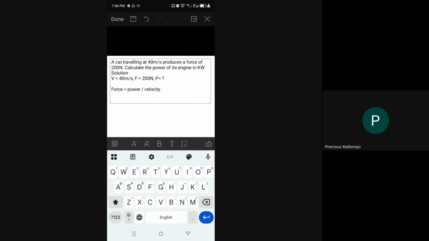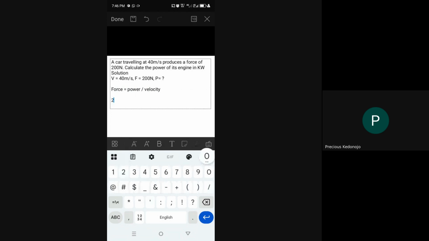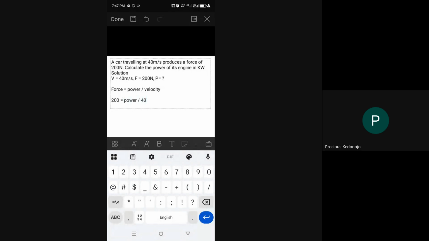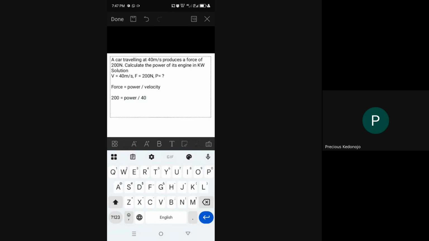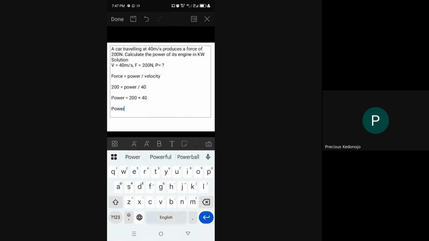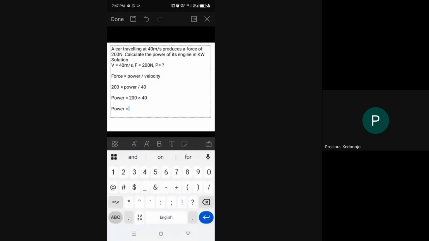If I put in those values, 200 Newton is equal to unknown power divided by 40, which is your velocity. So the next thing you do is cross multiply to make power the subject. Power is equal to 200 times 40, that should give us 8,000.